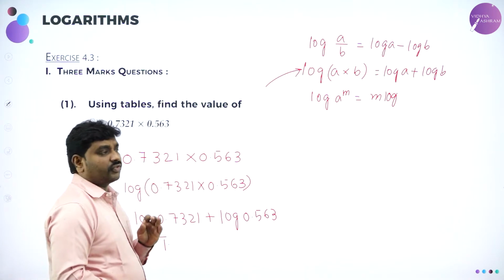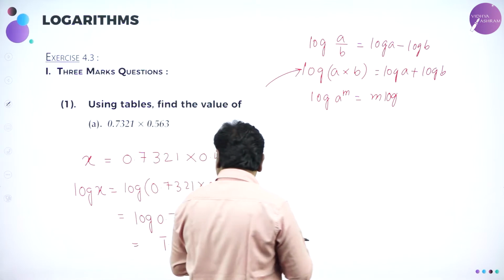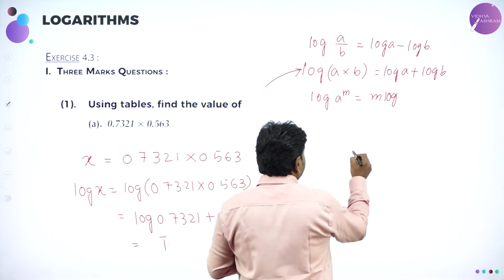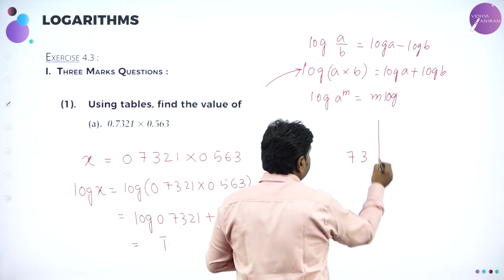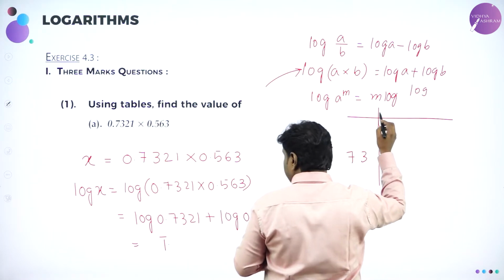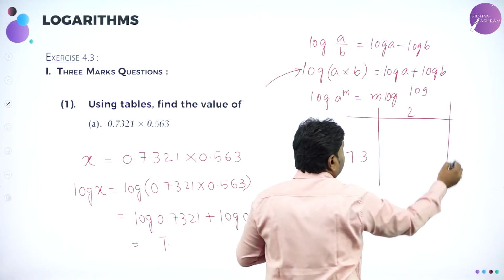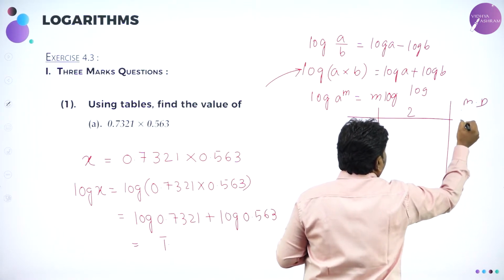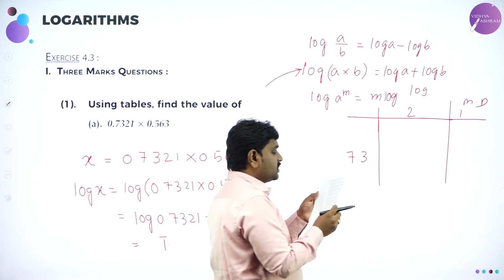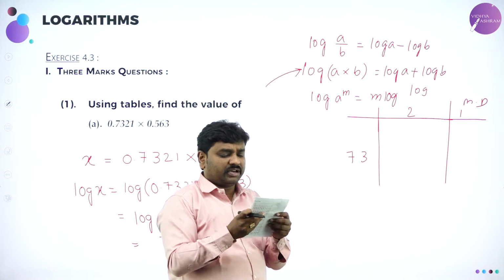So now we should make use of the log book. Now we should see 73 in the log, in the heading called log, 73 under 2 and mean difference under 1. See, this is the log book or log sheet or log table. Use the log table.